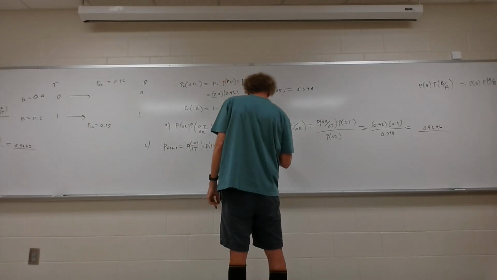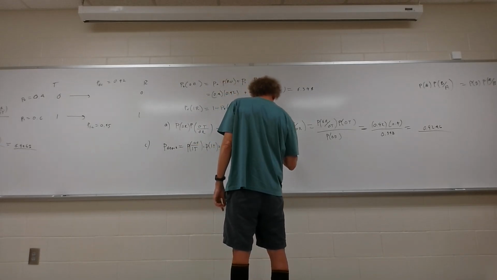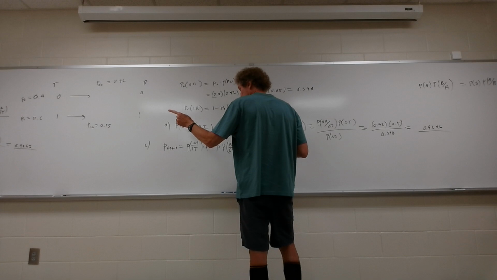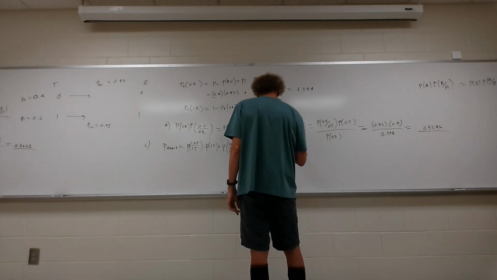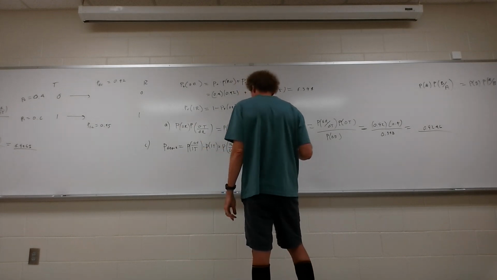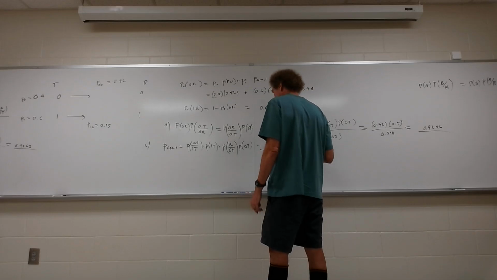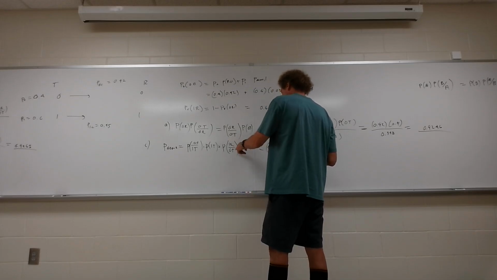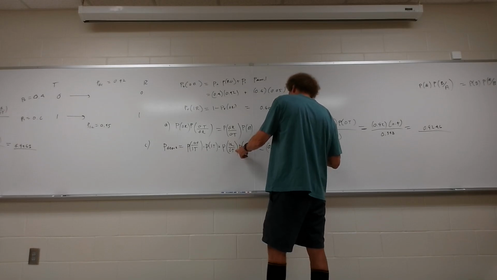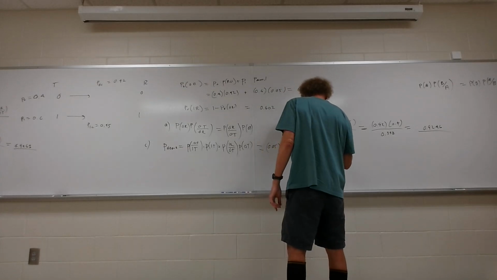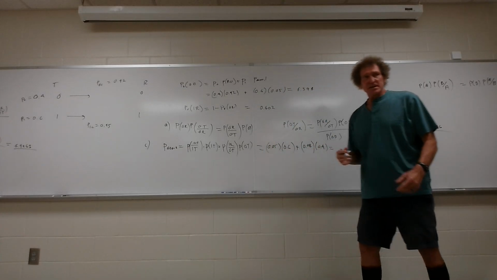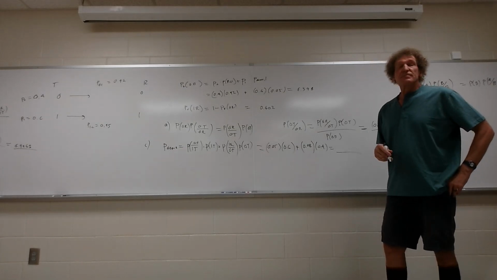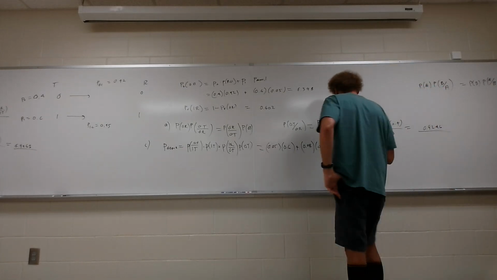And that's 0.05 I think, yeah, times the probability of 1 transmitted is 0.6, plus the probability that 1 is received and a 0 transmitted is going to be 0.08 times the probability of 0 transmitted is 0.4, and what does that answer? 0.062.